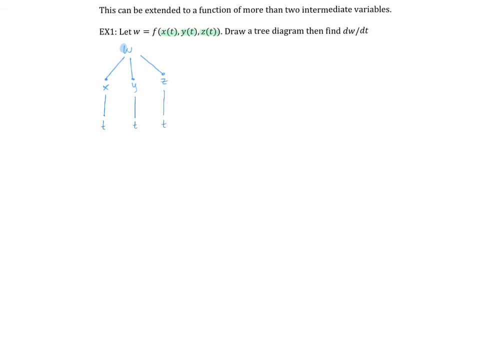So if I go down the branches, if I want to take the derivative of w with respect to x, it would be the partial derivative of w with respect to x. The derivative of x with respect to t is simply dx/dt. w with respect to y is partial. y with respect to t is single variable calculus.